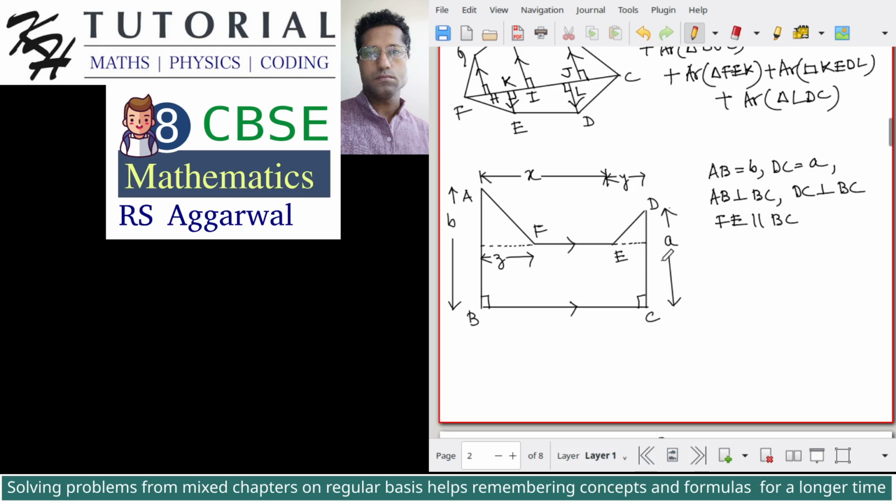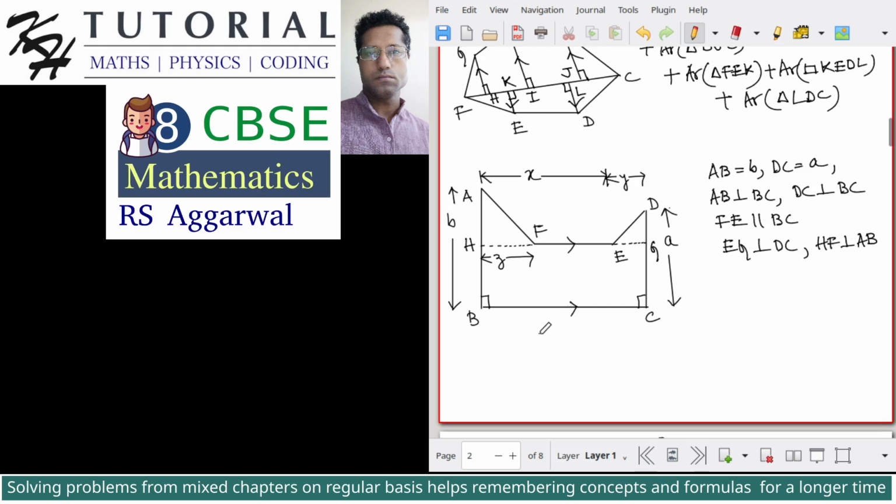Now, FE is parallel to BC. If we extend FE on both sides, let's say it meets DC at G, and it meets AB at the point H. So we will have EG perpendicular to DC, and we'll also have HF perpendicular to AB.